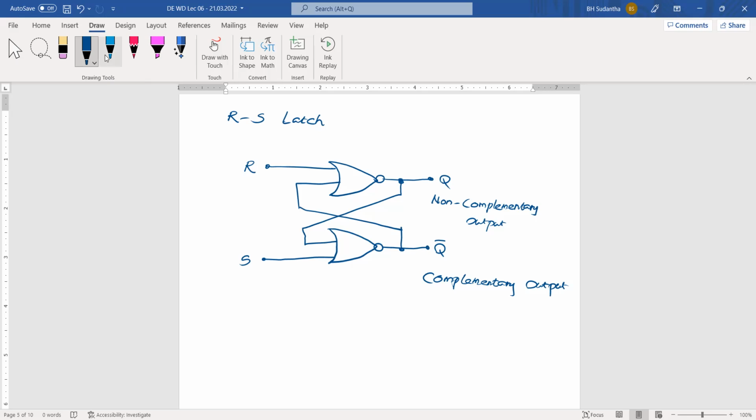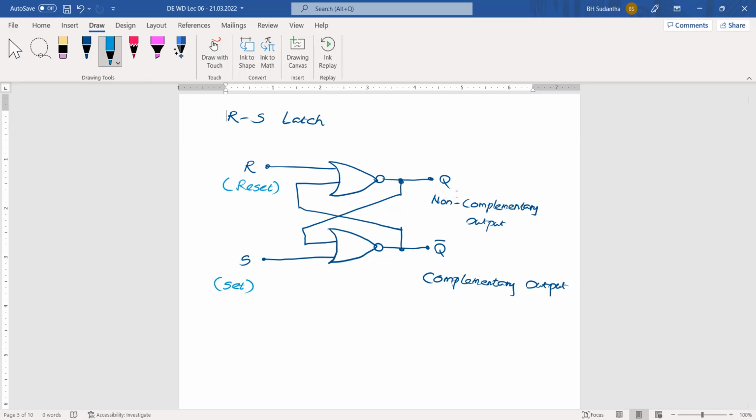Here R is the reset input, and this one is the set input. That is how the letters R and S come. On the other side, it's not two different outputs. Physically we have two lines, but logically it's the same: Q and Q bar.